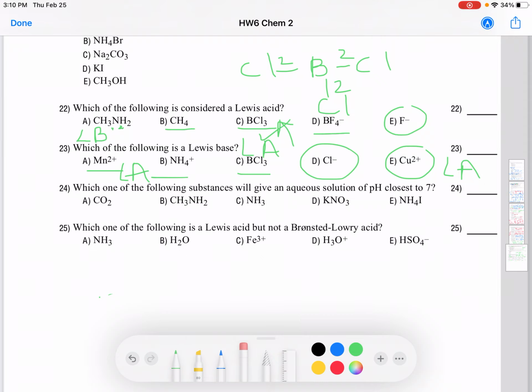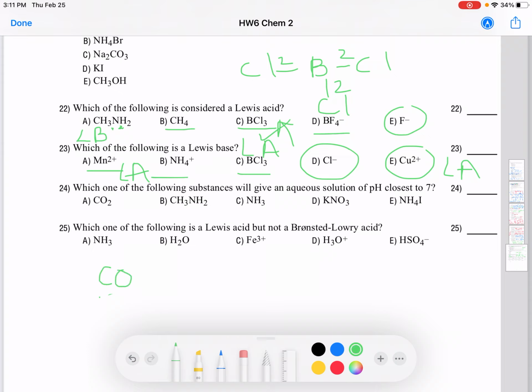24. Which of the following will give an aqueous solution of pH closest to 7? Again, same concept that we did in the previous questions, where you have to see what kind of solution it's going to make when you put it into water.